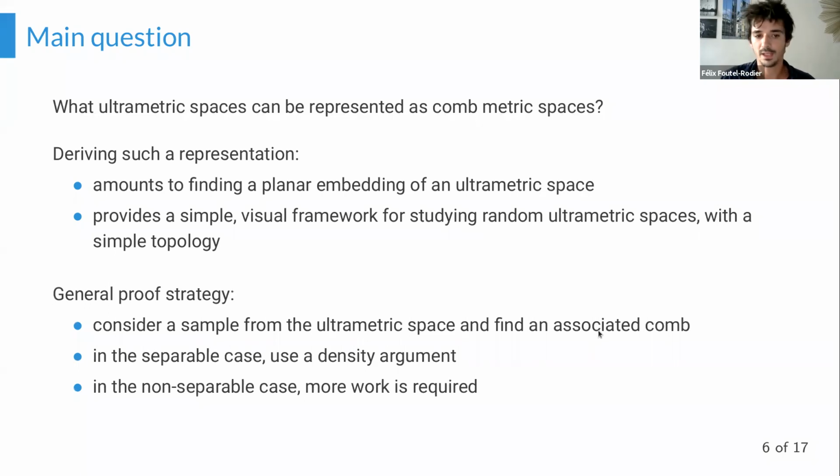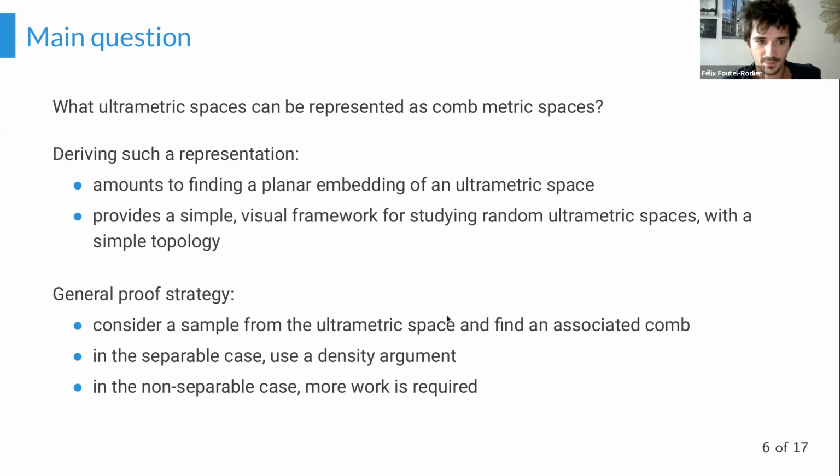And now all we need to do is go from the sample to the whole space. I think you can believe that in the separable case this is going to be easy, because we can use some kind of density argument, whereas in the non-separable case it will require much more work. For this reason, I will distinguish between the two cases.